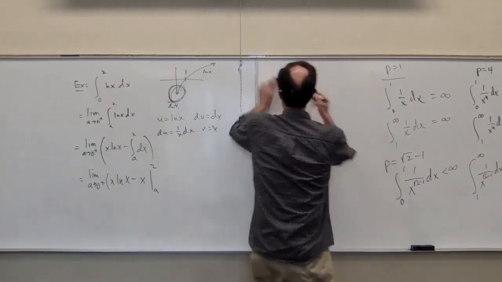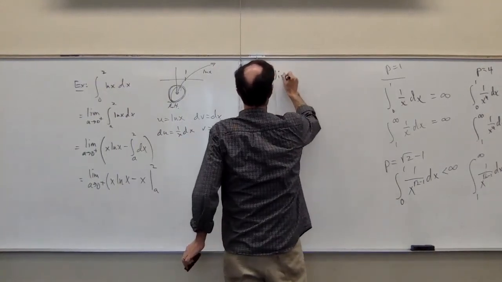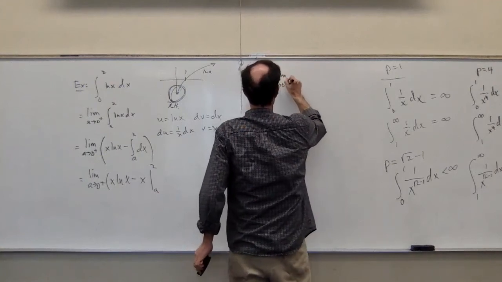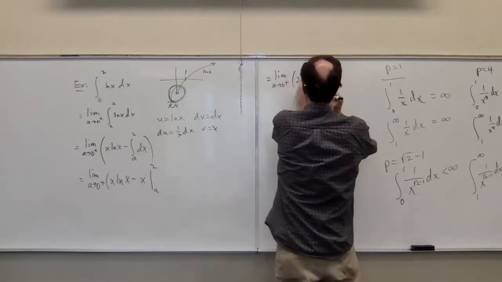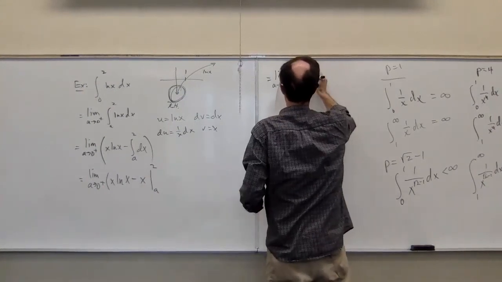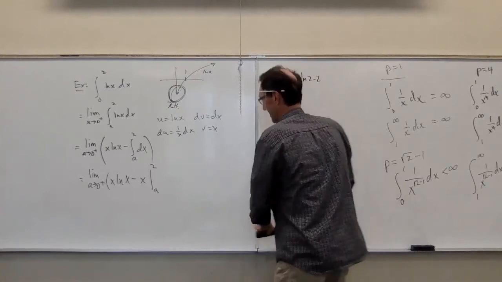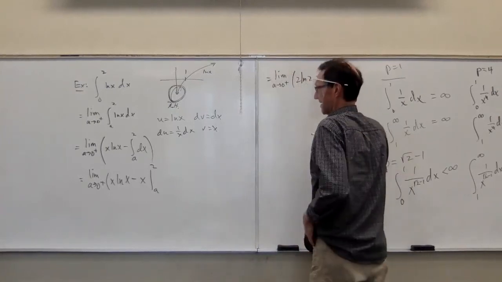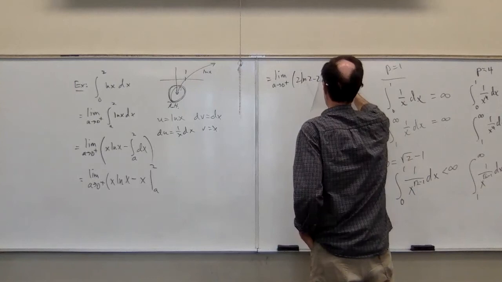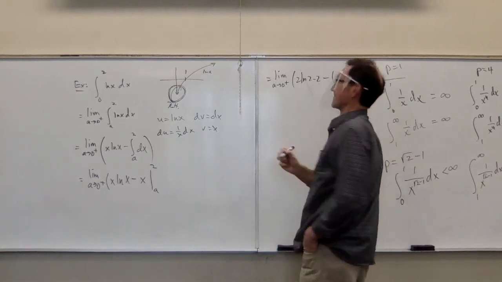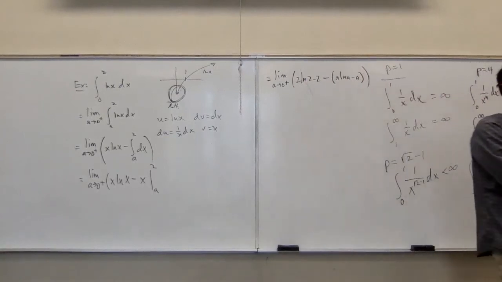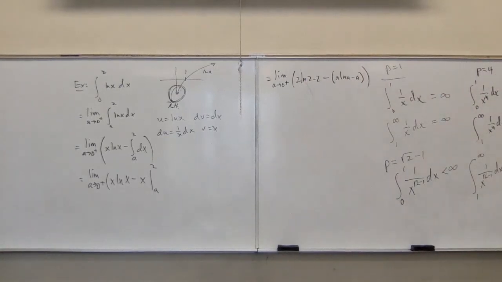Which equals, no problem at the 2: 2 ln 2 minus 2. And then something really interesting: minus a ln a minus a. So the antiderivative in the end is x ln x minus x.